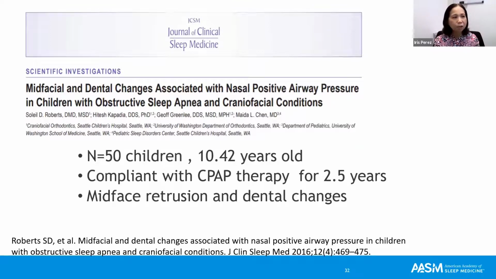What they found was that those who were compliant for 2.5 years had mid-face retrusion and dental changes. Thus, the pressure to the mid-face from compliance with PAP use may alter normal facial growth, suggesting the need for surveillance in these children and collaboration between sleep medicine physicians like us and the orthodontists.